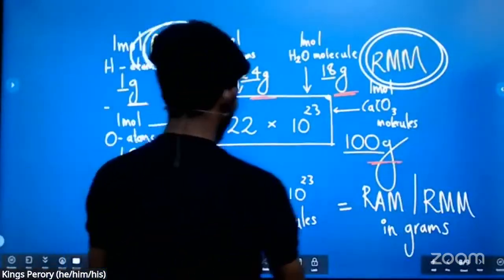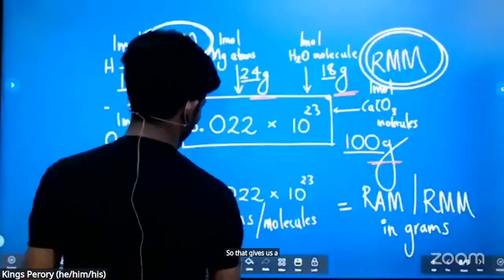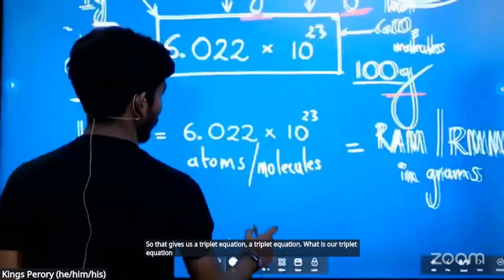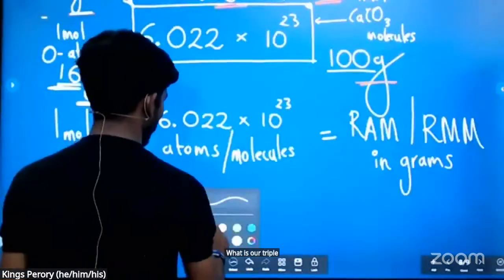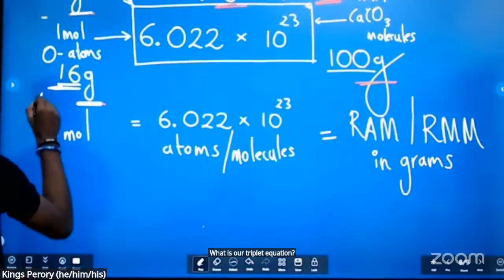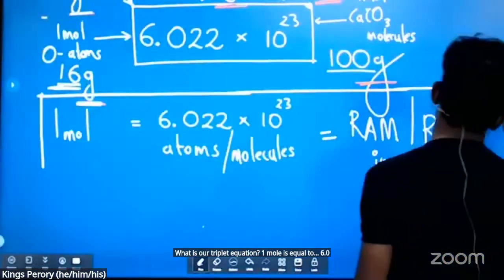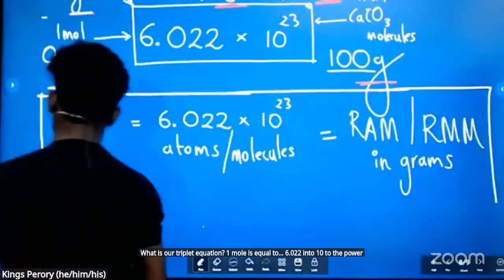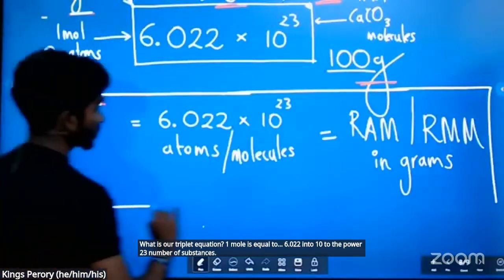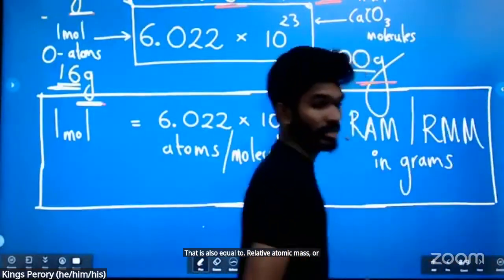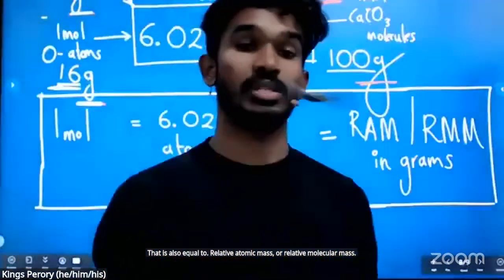So that gives us a triplet equation. What is our triplet equation? 1 mole is equal to 6.022 into 10 to the power 23 number of substances. That is also equal to relative atomic mass or relative molecular mass in grams.